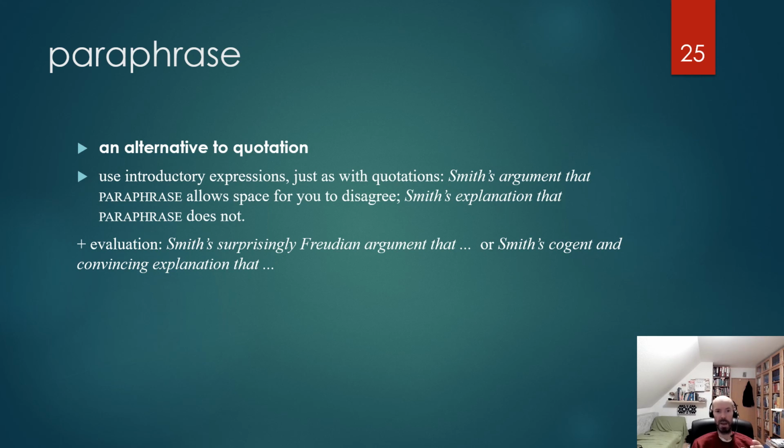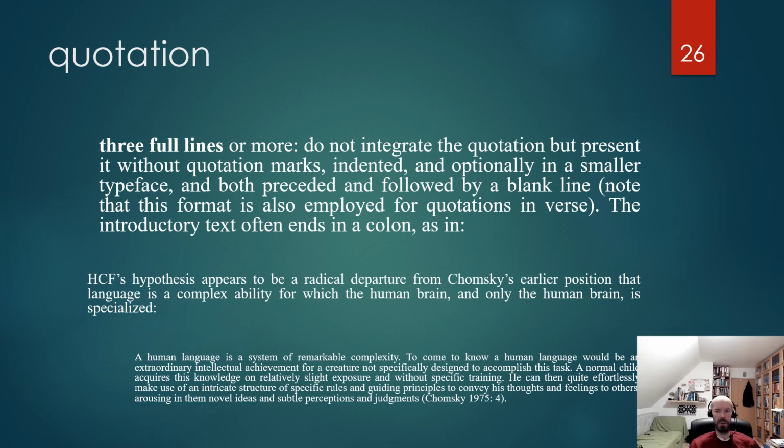Smith's surprisingly Freudian argument that, or Smith's cogent and convincing explanation that. Now, if the quotation is more than 3 full lines in length, then don't integrate it, but present it without quotation marks, indented, and optionally, if the journal allows that, in a smaller typeface, and preceded and followed by a blank line, as you can see in this example.